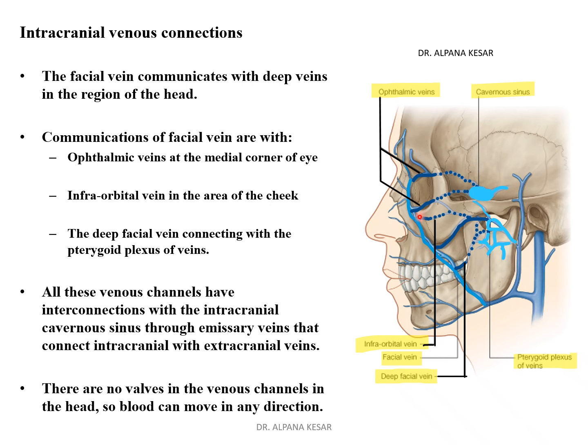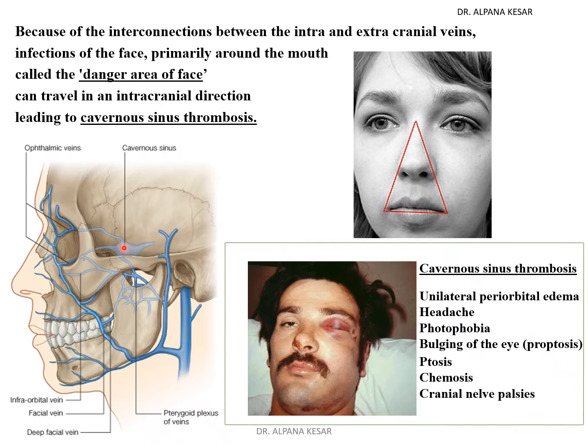Because of the valveless deep communications of the facial vein with the intracranial venous sinuses such as cavernous sinus, infections from the face can travel in the retrograde direction, infecting the intracranial veins.